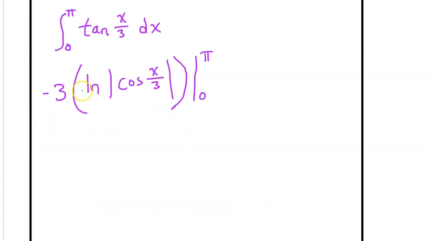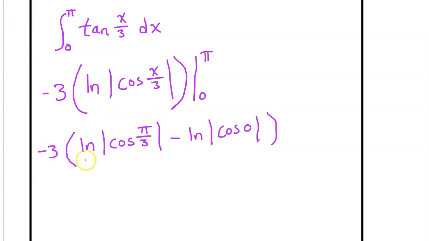I think the calculations will be a little bit easier if we move the negative 3 outside of the parentheses. So I'm going to keep the negative 3 way out in the front as I do the value at pi minus the value at 0. So here's my negative 3 way out in the front. And here's the value at pi minus the value at 0.